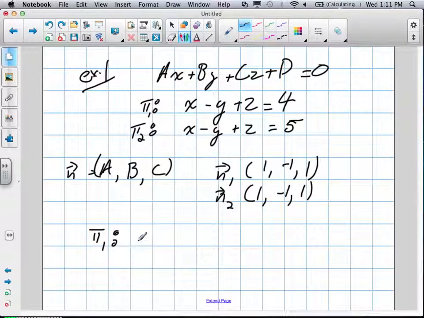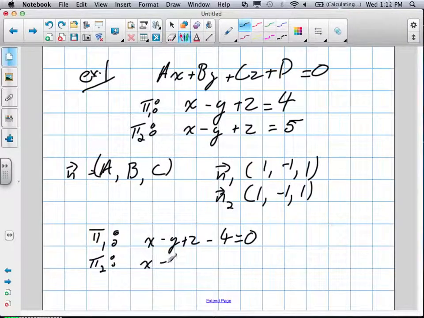Plane 1, in Cartesian form, is x minus y plus z minus 4 equals 0. And plane 2, x minus y plus z minus 5 equals 0. Well, our d values are different, okay? And there's no scalar.